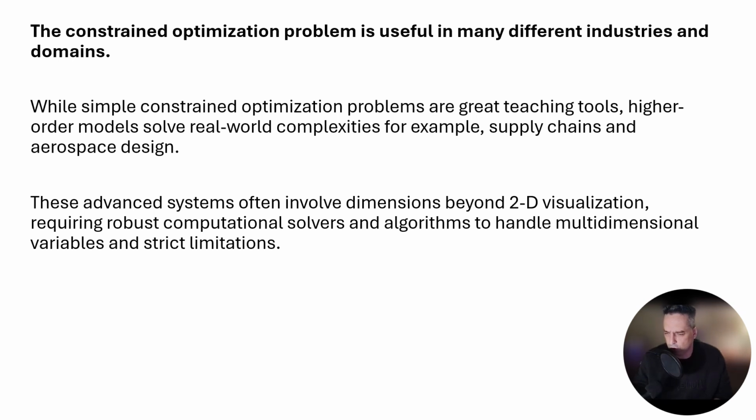They become too complex, too many variables, too much stuff going on. Real world problems for supply chain, for example, may involve 400 different variables and many different locations, so it ends up being many dimensions, and you cannot represent that graphically.